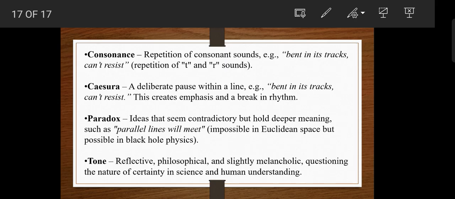So in order to conclude, Sarah Howe's "Relativity" is a fascinating blend of poetry and science. She uses so many poetic devices to explain complex ideas in a creative and emotional way.